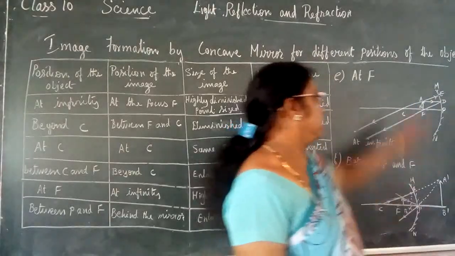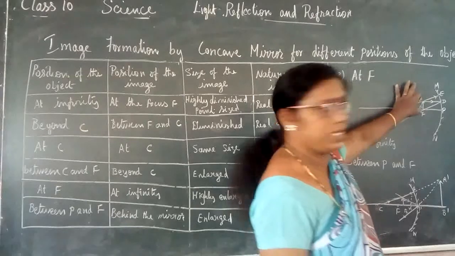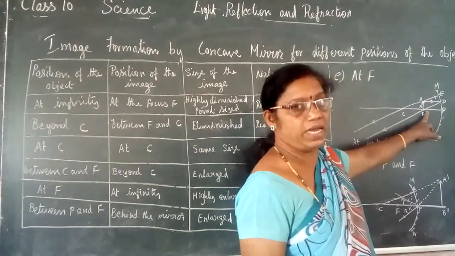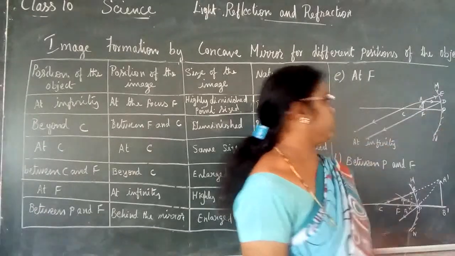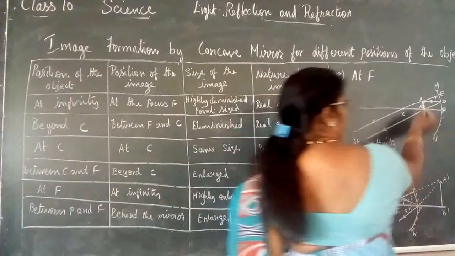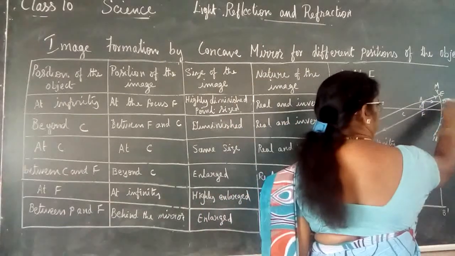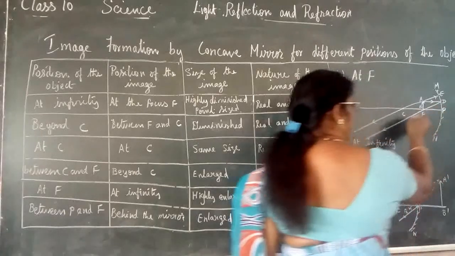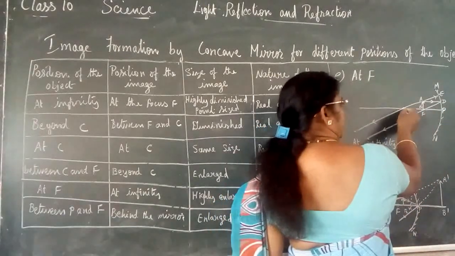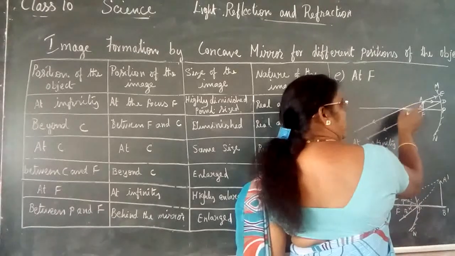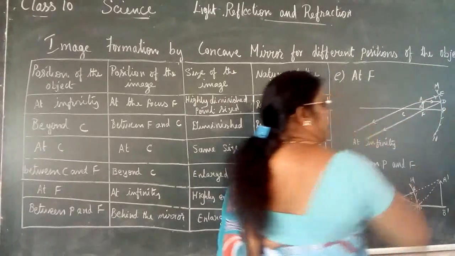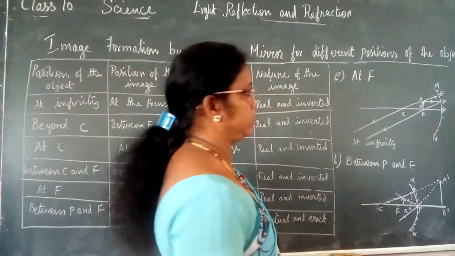Let us see. Here AB is the object and it is placed at the point F, the focus of the mirror. So when the object is placed at F, the ray which travels parallel to the principal axis passes through the principal focus, and the ray which passes through the center of curvature comes back in the same path.